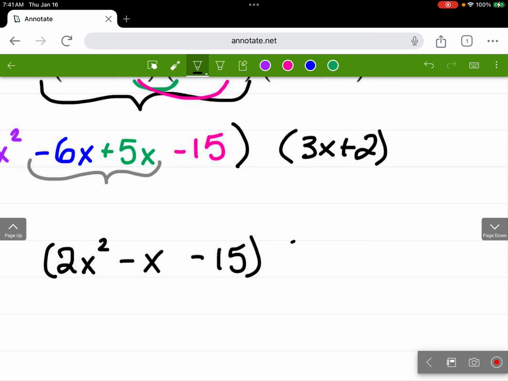And that's what we're going to multiply against the 3x plus 2. So again, you can do these with the box or with distribution. I just did these with distribution because they take up so much dang space. If I do the box, my screen is grumpy enough as it is, I can't make it give me more room.